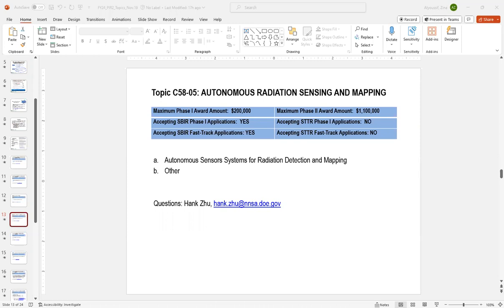Systems with networking capabilities, as well as radioactive materials quantification capabilities, are highly desired. The topic also has some other system considerations listed in detail.